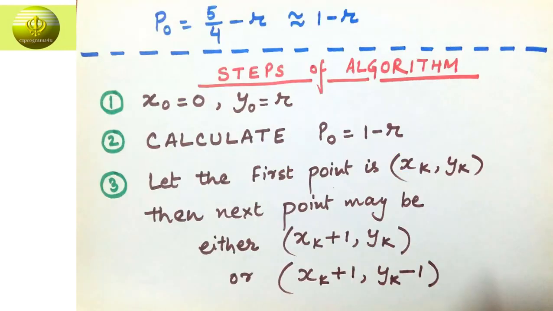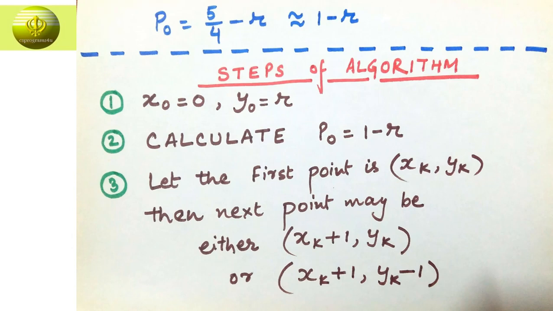Steps of algorithm. In first step, it was x0 is equal to 0 and y0 is equal to r. And in second step, the value was p0 is equal to 1 minus r. If the first point is, in third step, xk, yk, then the next point may be either xk plus 1, yk or xk plus 1, yk minus 1.